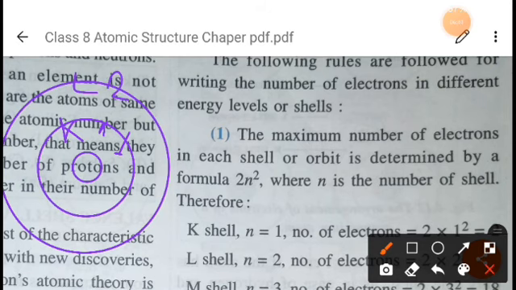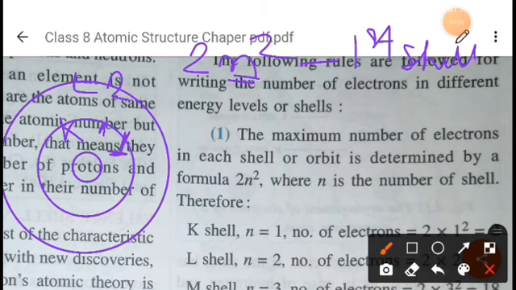When we have to find out how many electrons will be there in the K shell, we will use this formula, 2n square, to find the number of electrons. Here n is the number of the shell. As you can see, the first shell, K shell, is given the number 1, right? So at that time, when we talk about the first shell, what is n?